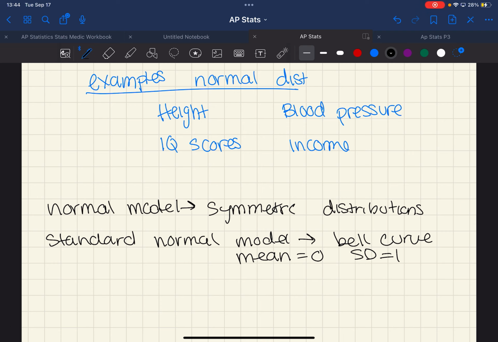To check if our data is symmetric, it's common to look at the histogram of data to create a normal probability plot. A histogram should show a roughly symmetric distribution with a single peak in the middle. Okay.